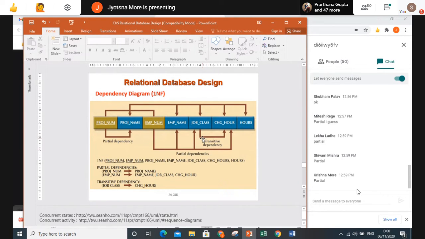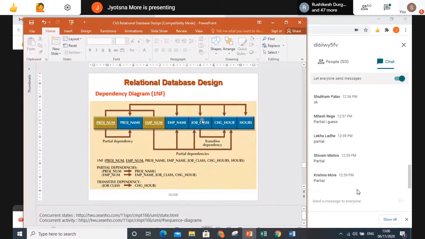F4 is job class determines charging hours. As I said, job class is not my key attribute. Charging hours is not my key attribute. So non-key attribute determining non-key attribute. Whereas this non-key attribute is determined by some key attributes here. Right?